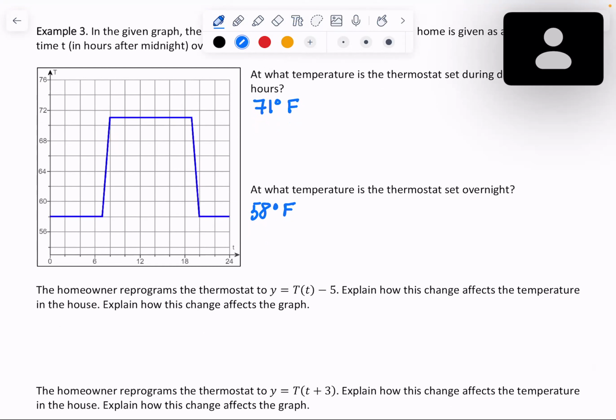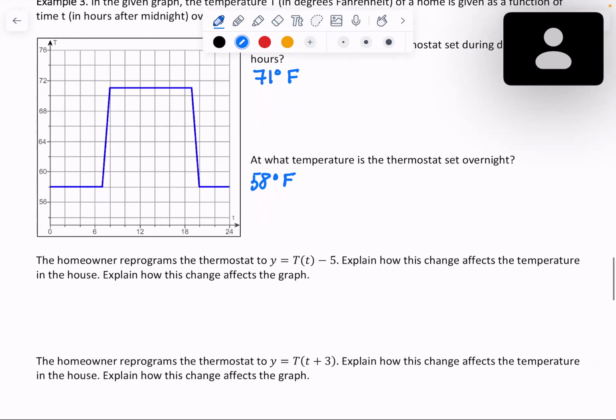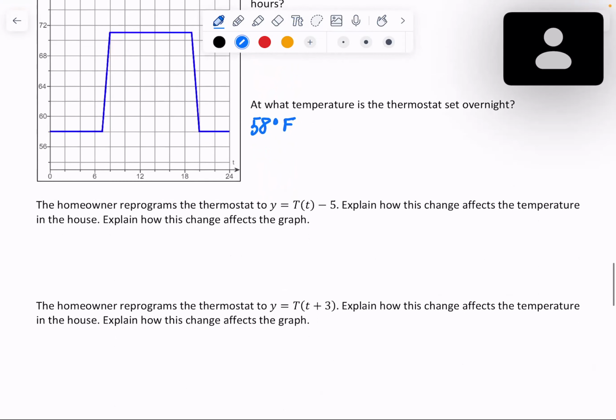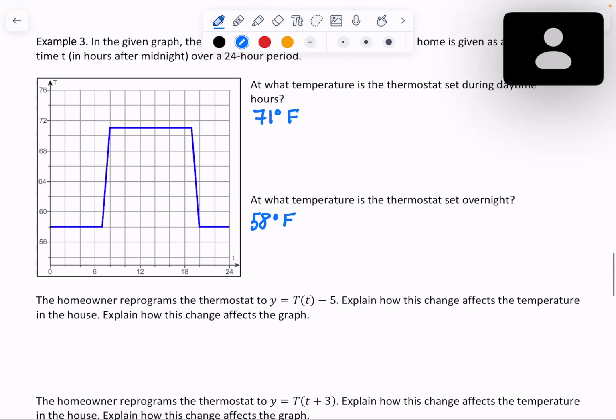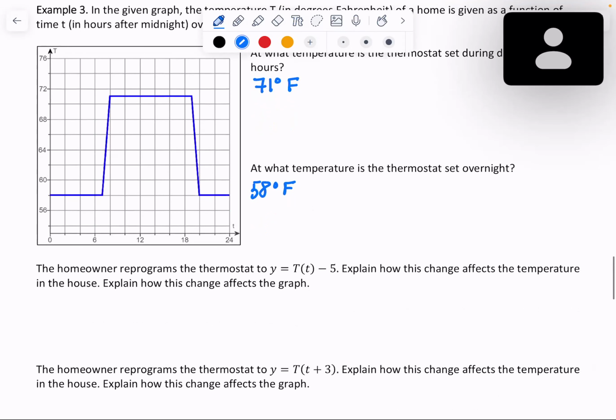So now it's talking about what happens when we shift this thing. What does it look like? It says the homeowner reprograms the thermostat to y equals T of t minus 5. Explain how this affects the temperature in the house. So in this case, it just shifted the graph down 5 units, right?